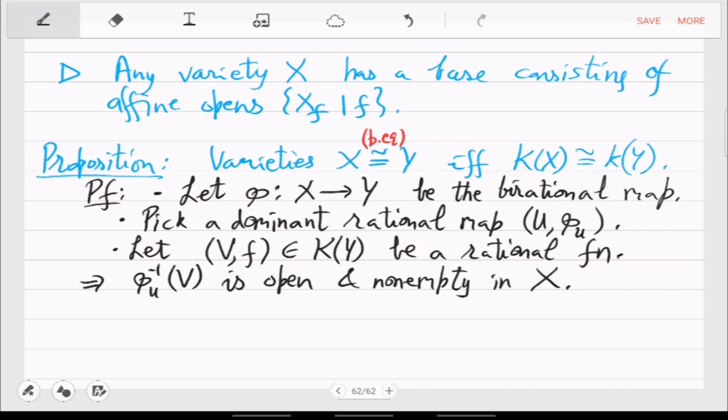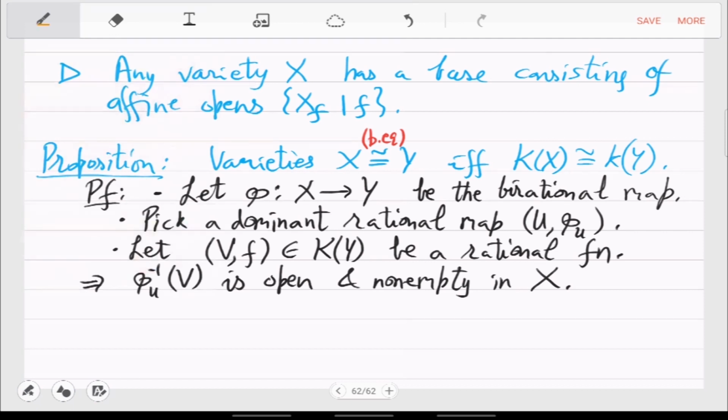How do you prove this? phi_U is a morphism from U to Y. That's all you were given. And it is also dominant. And U is open in X.